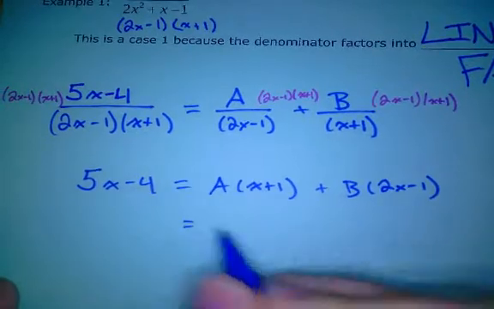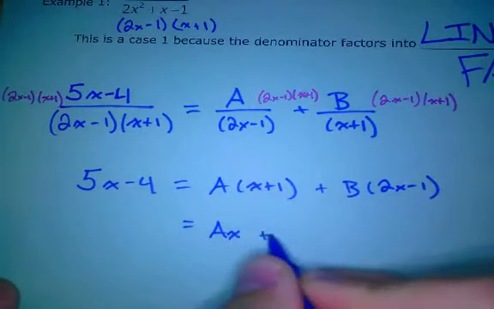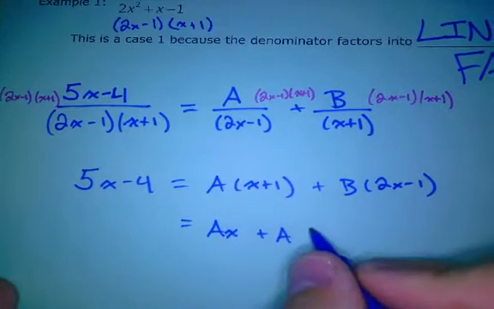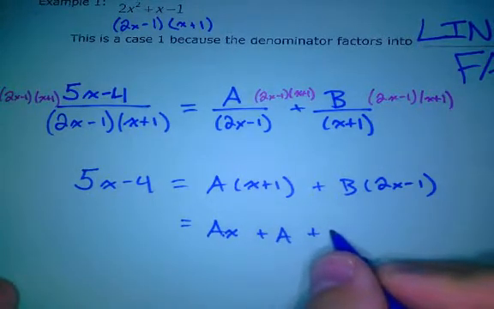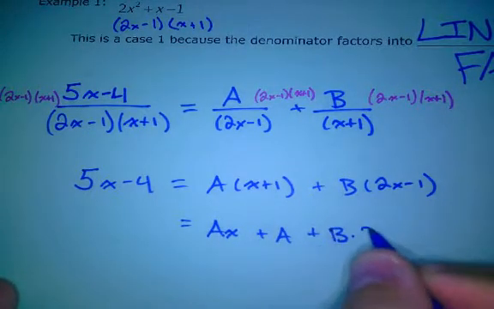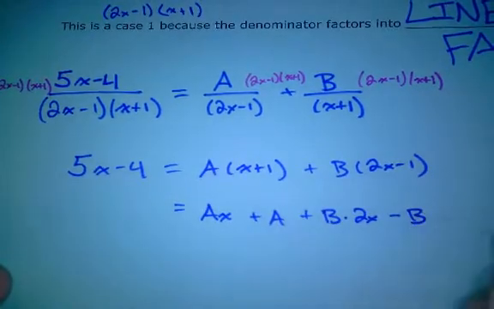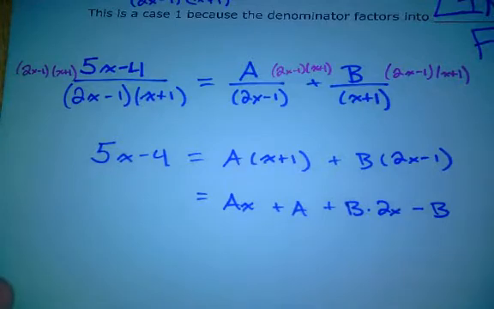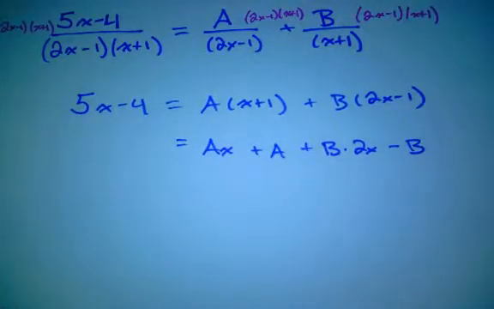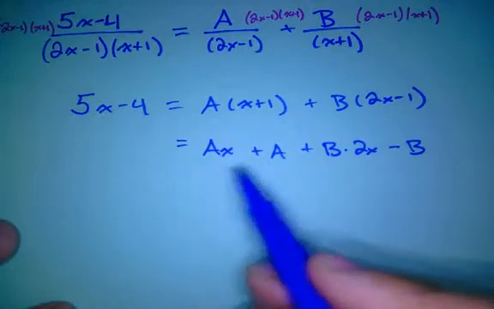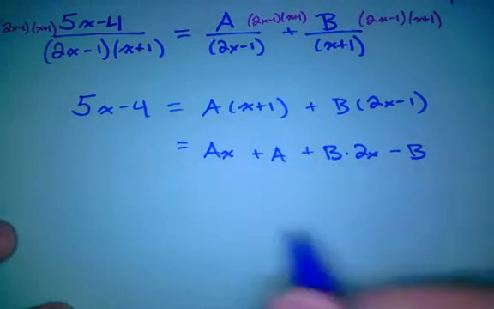Let's distribute here. So to distribute, I'm going to have Ax plus A plus, I'm going to say B times 2x. I'm going to leave it that way, and I'll kind of show you why, minus B. I want to organize this so that my x's are in front and my constants are in the back.